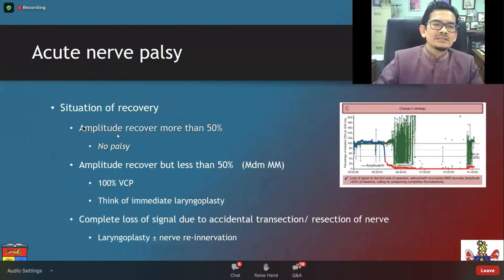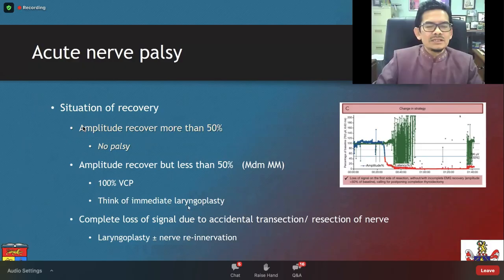So what type of recovery? If you get amplitude recovery of more than 50%, then you will be happy because there will be no palsy. But if the amplitude recovers to less than 50%, you still have a 100% chance of vocal cord palsy. So in a sudden drop like this, whether it recovers to less than 50% or doesn't recover at all, you will get palsy.